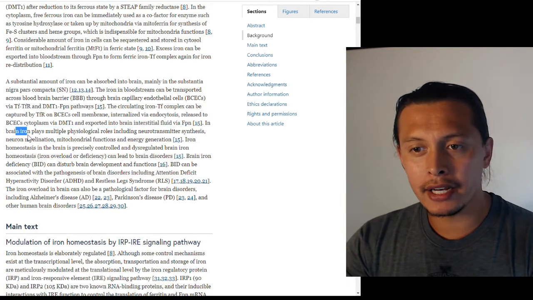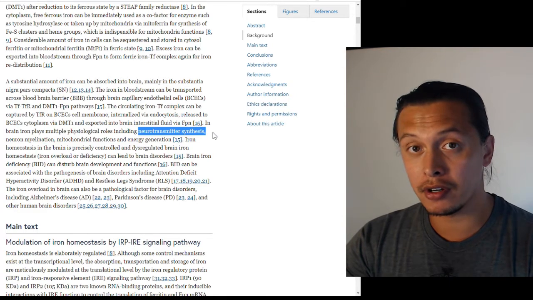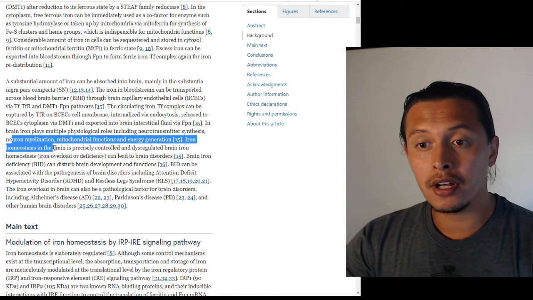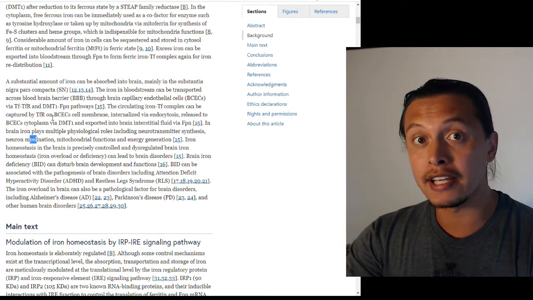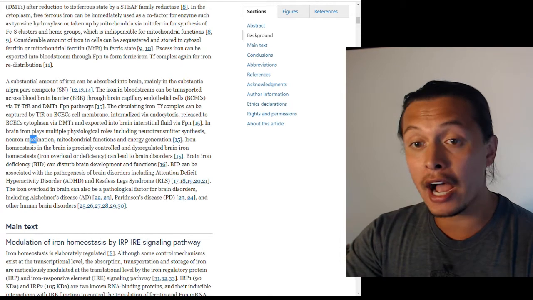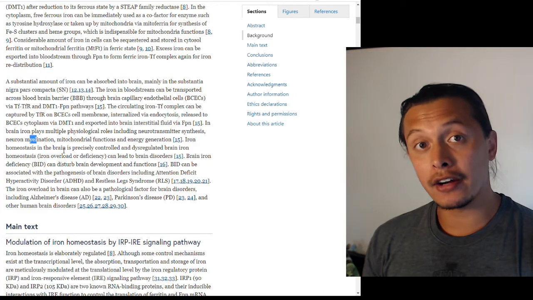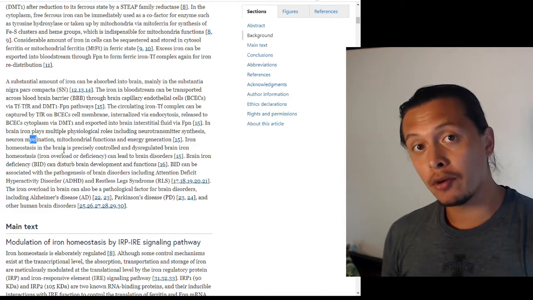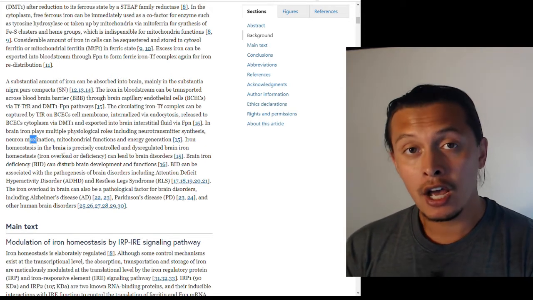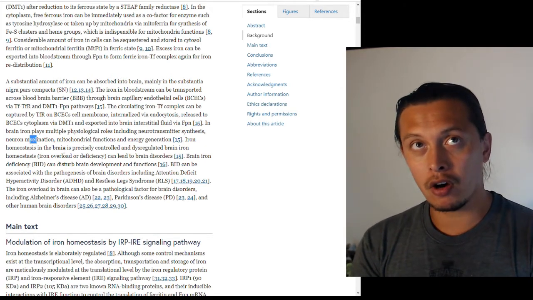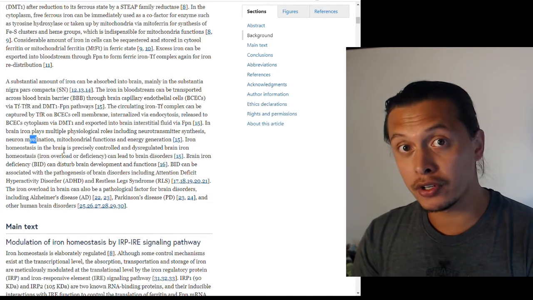In the brain, iron plays multiple physiological roles, including neurotransmitter synthesis and neuron myelination. Remember the myelin sheath, an insulator on the axons of your cells. Well, I shouldn't say iron does, but the transferrin in the brain plays an extremely important role in the differentiation of oligodendroglial progenitor cells, turning them into fully mature oligodendroglial cells.